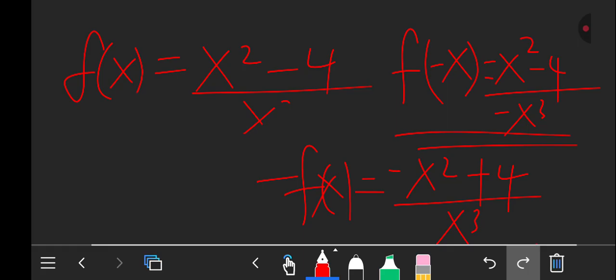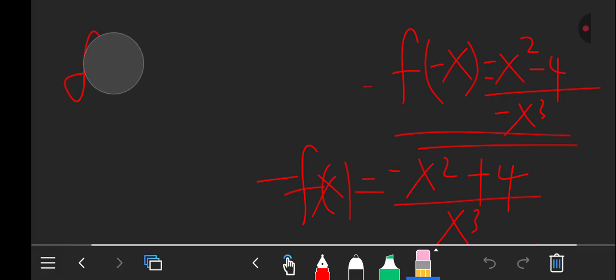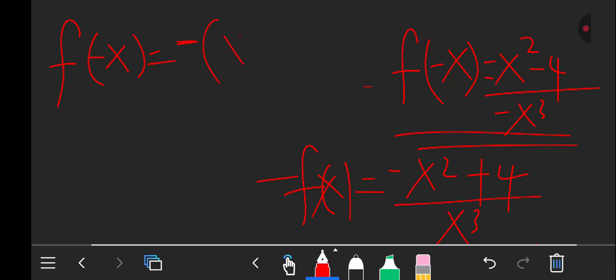So f of negative x will be equal to, this negative we take up to the numerator, so it will be negative x squared minus 4 over x cubed. We don't write the negative on the denominator. So it will be equal to f of negative x.